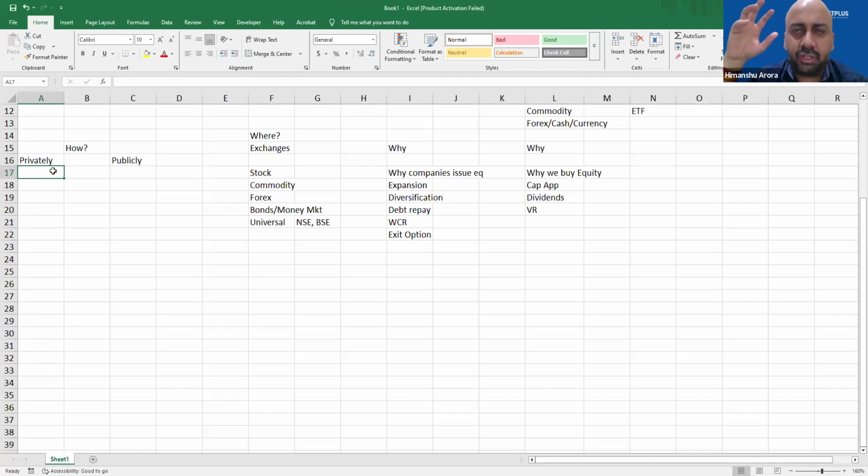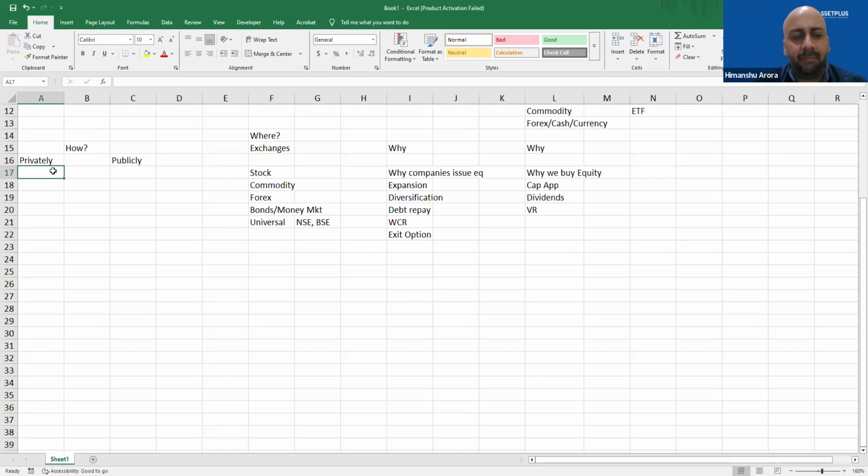And whenever the company issues equity to more than this number of people for the purpose of raising capital, it is called a public issue. When the company issues this equity to a large set of population for the purpose of raising capital, it is called a public issue.